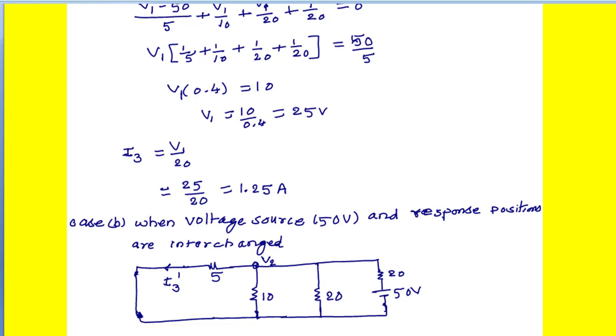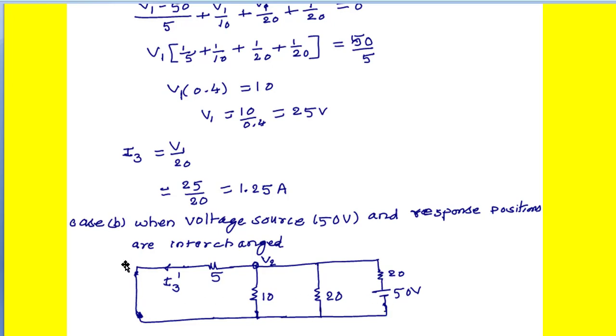So let us apply the reciprocity theorem, that is, we interchange the positions of the response and the voltage source. Earlier this was the position of excitation or voltage, whereas this was the response branch.